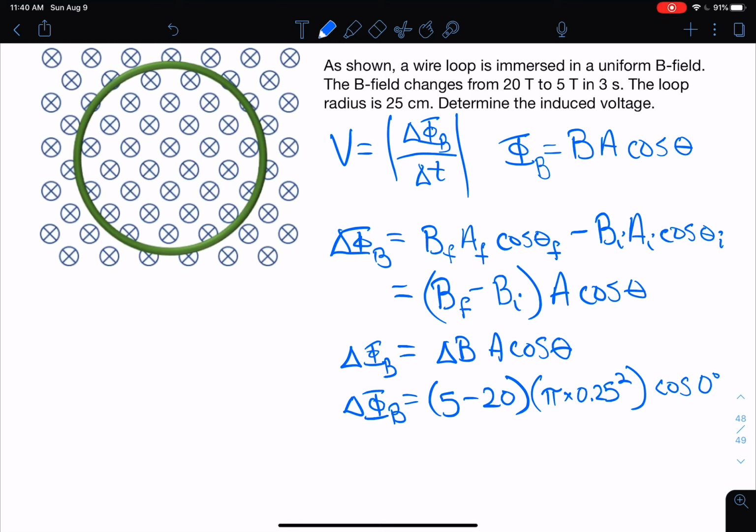So when I do this calculation, let me do my calculator real quick. This works out to be approximately negative 2.945 Webers.